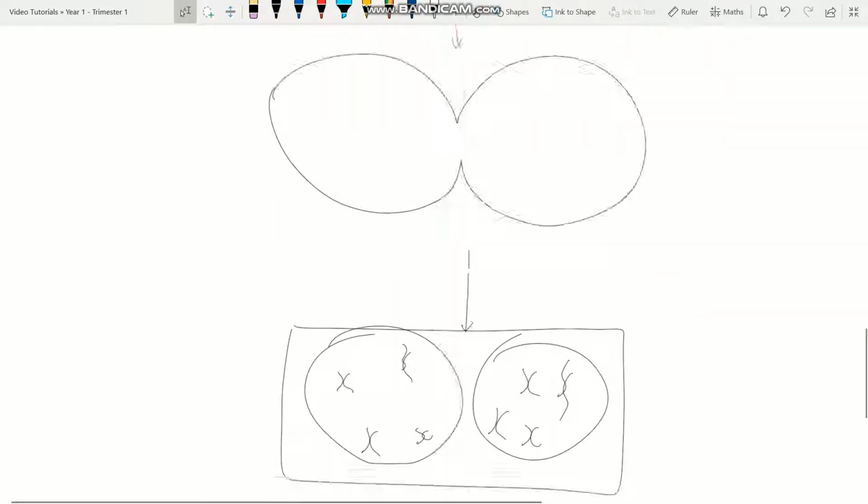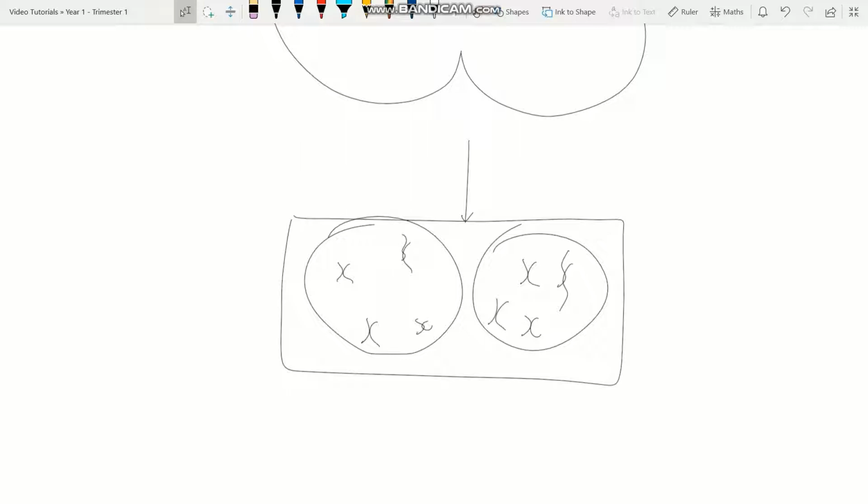So that's essentially what occurs in meiosis 1. The net result of meiosis 1 is that there is a formation of two daughter cells that are genetically different from one another and from the parent cell.